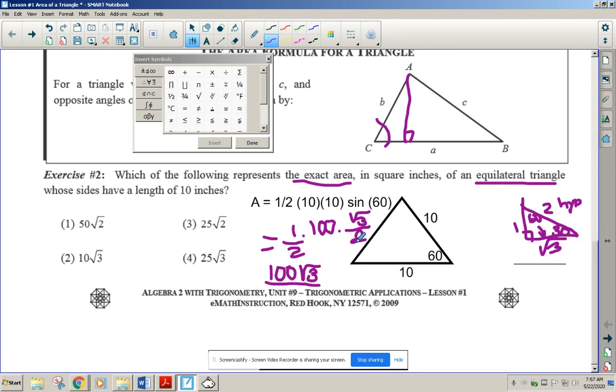And 2 times 2 on the bottom, again, this is that invisible 1, multiply all your bottoms from chapter 3 when we did fractions, this would be over 4. Now, 100 over 4, 4 goes into 100 25 times. So here's our answer, 25 rad 3.